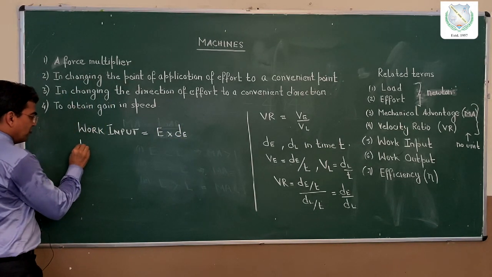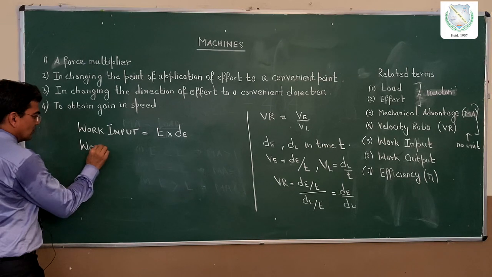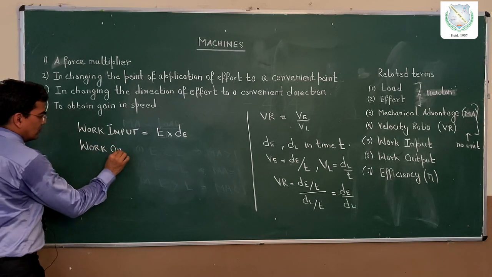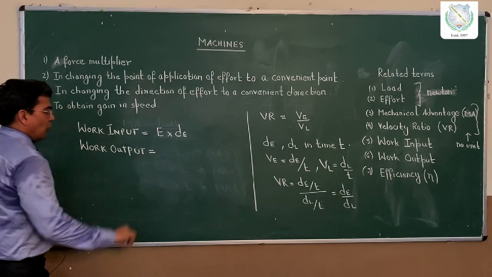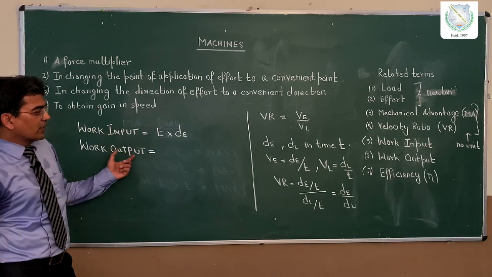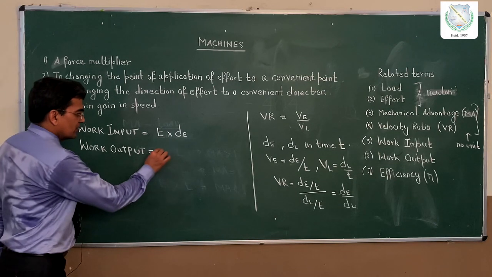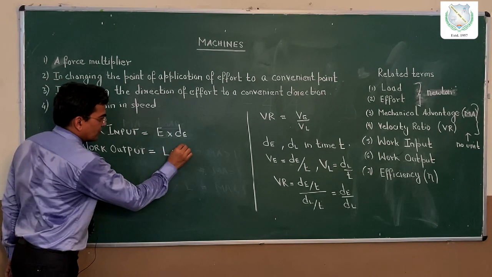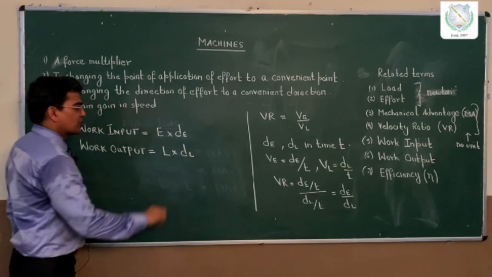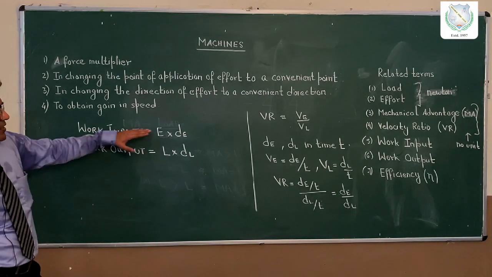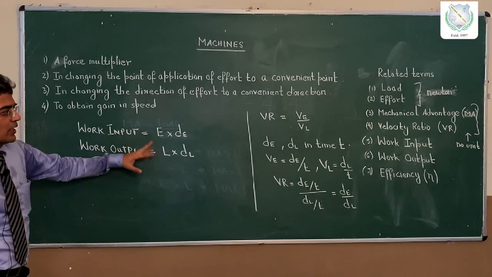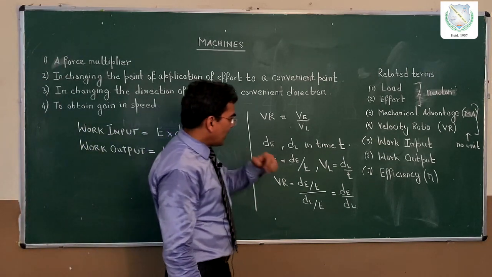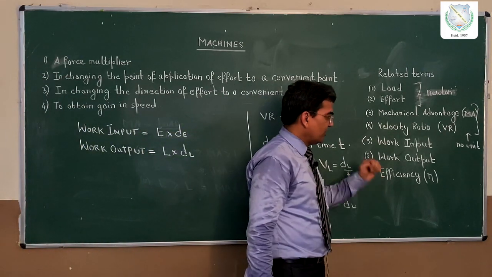Then we have work output. Work output means work done on the load by the machine. So load into displacement of load point. So this is the formula for calculating the work input and work output. Now the last term we have is efficiency.